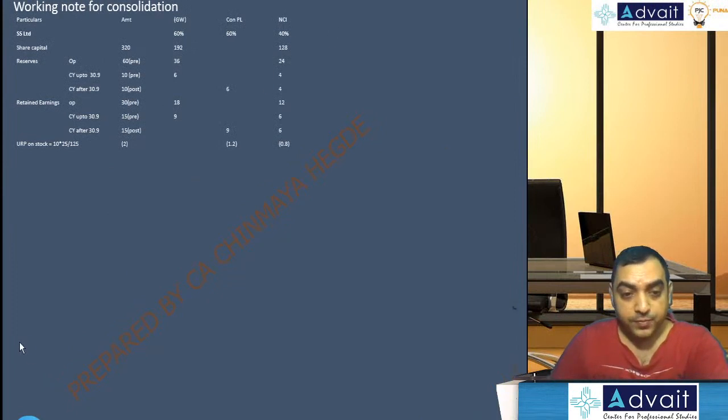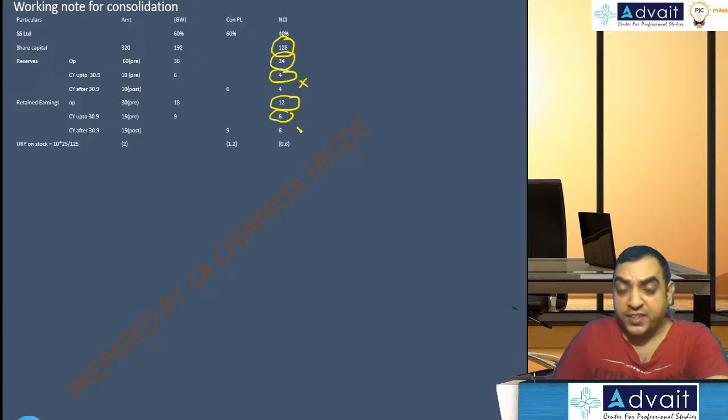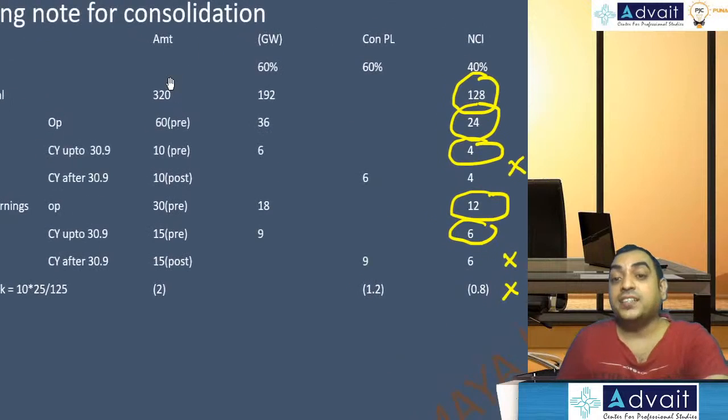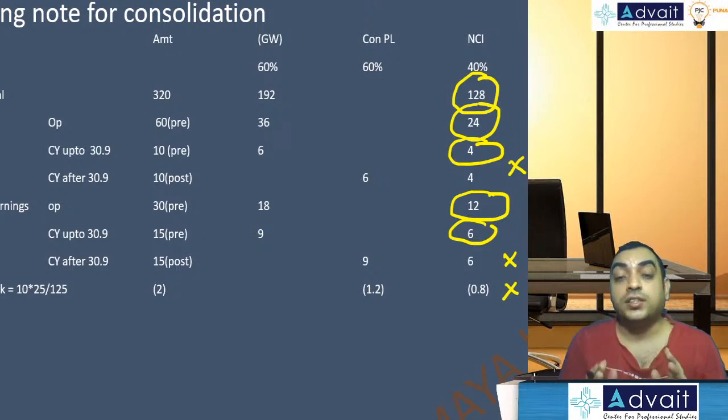You will get 128, because share capital is as on date of acquisition, reserves 24 as on date of acquisition, current year profit first half as on date of acquisition, retained earnings 12, and profits up to the date of acquisition. The profits in the second 6 months will not come. Unrealized profit will not come. So these are the elements which are there at the time of acquisition.